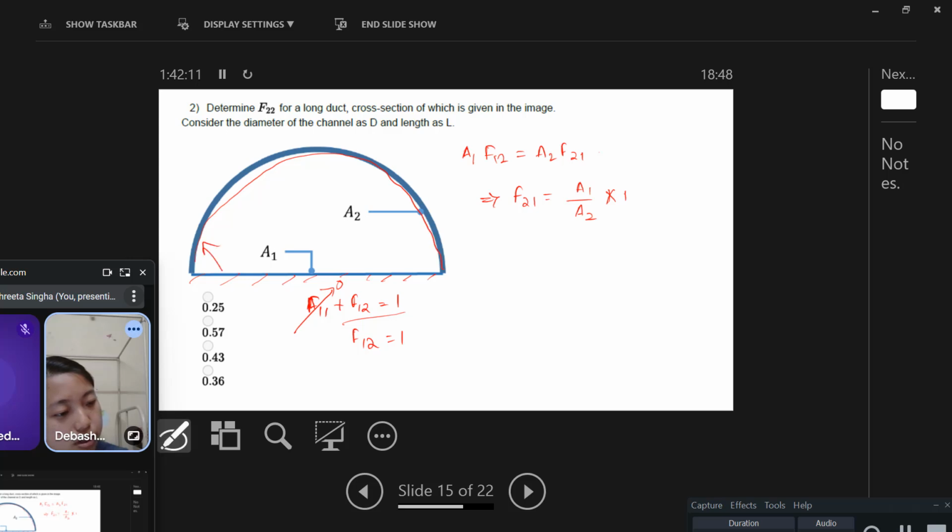Now, if this is emitting like this, the A2 can receive all of the radiations emitted by A1. So we can say this F12 is equal to 1. Now from the reciprocity relation we get A1 F12 is equal to A2 F21.